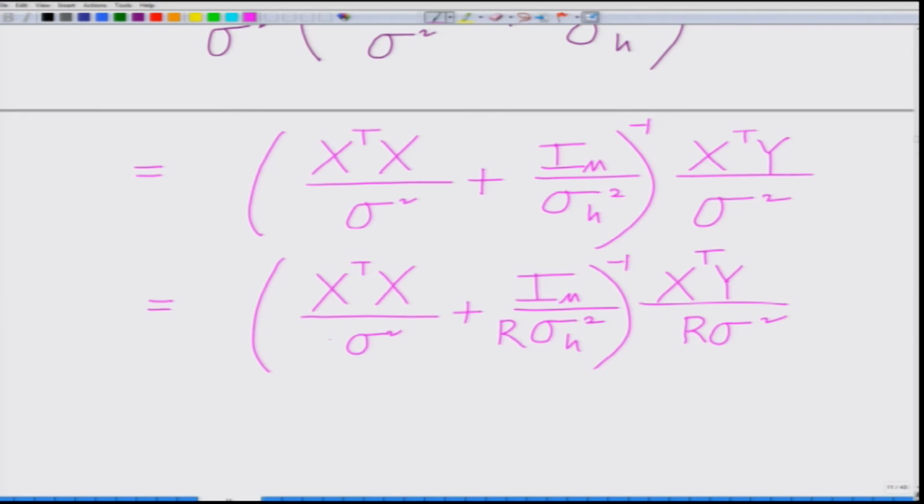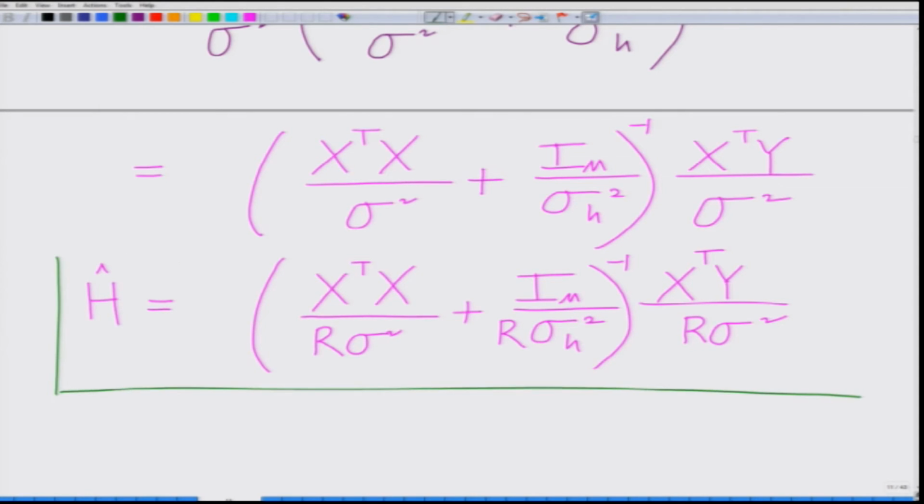So the final expression for the MIMO channel estimate becomes just an equivalent way of writing it.